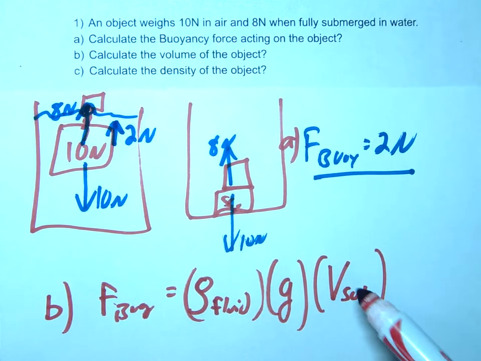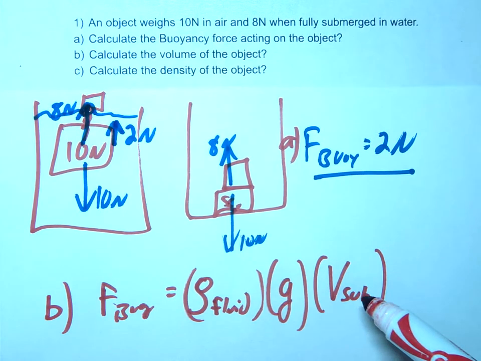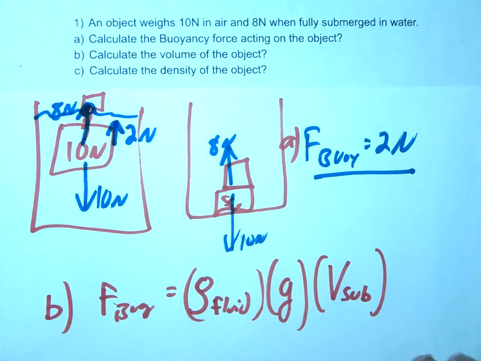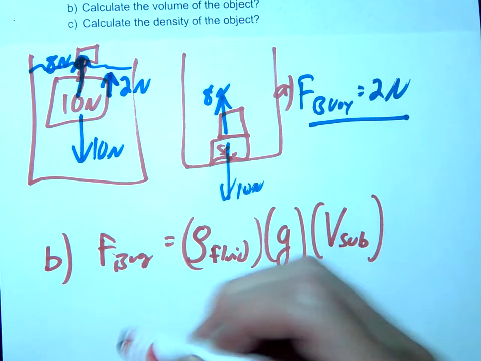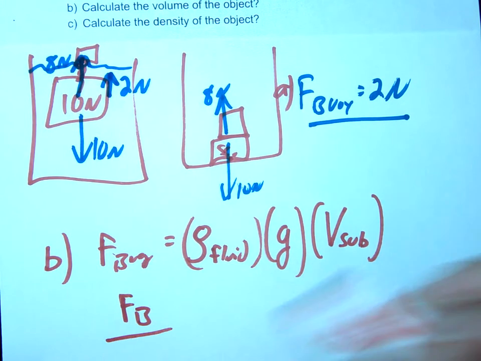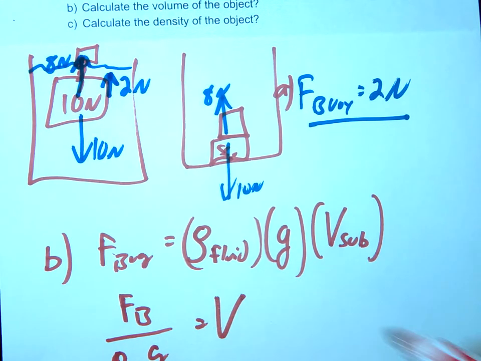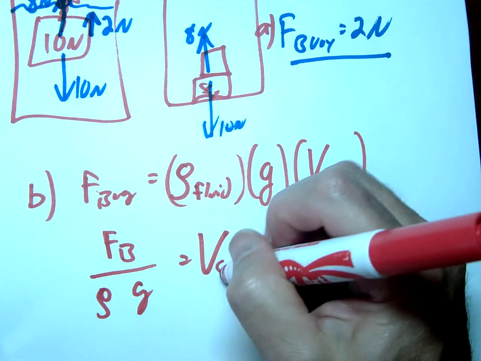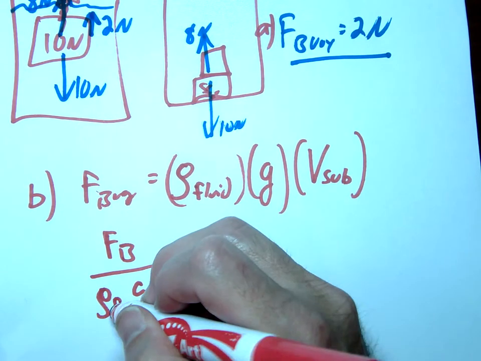Remember, this is how much of the volume is underwater. Now in this case, since the whole thing's underwater, we're just going to find the entire volume. So for this question, we are looking for the volume submerged, because again, it's fully underneath the water.